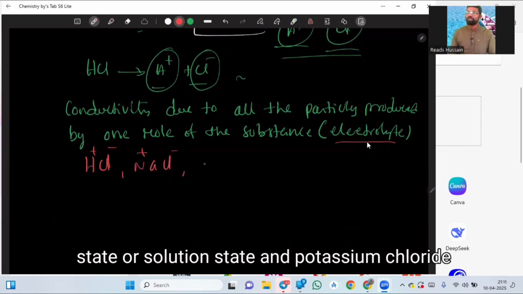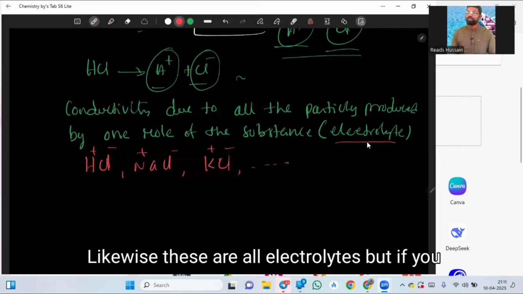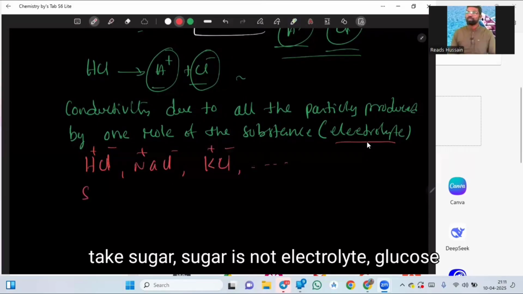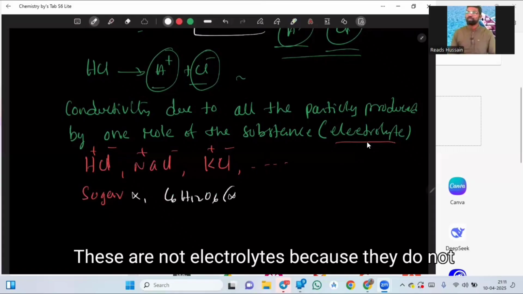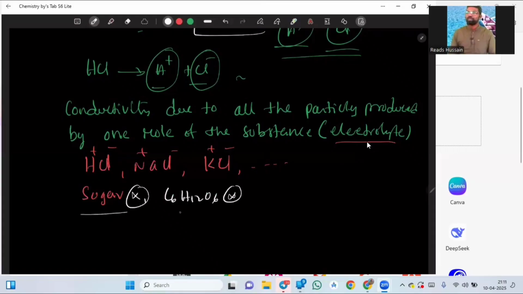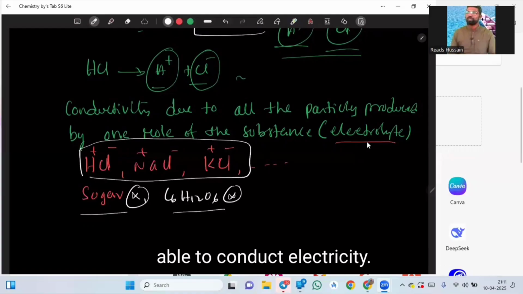And potassium chloride, K plus Cl minus. Likewise, these are all electrolytes. But sugar is not an electrolyte. Glucose, C6H12O6, is not an electrolyte because it does not produce any ions. Electrolyte means which produces ions or is able to conduct electricity.